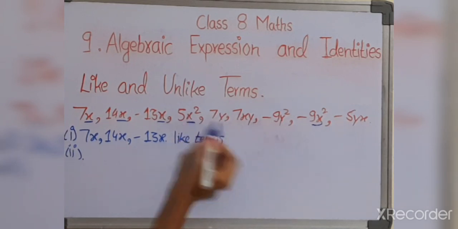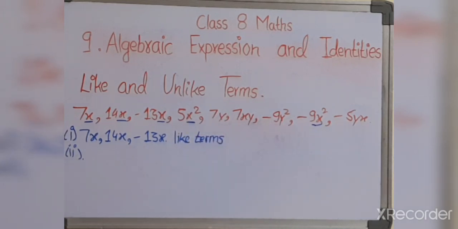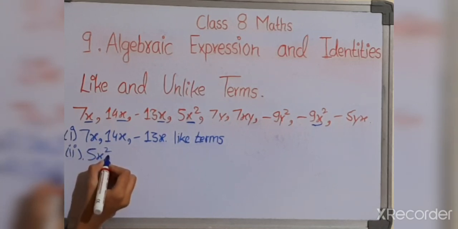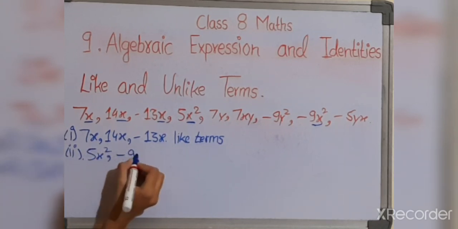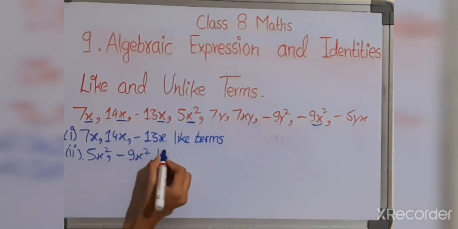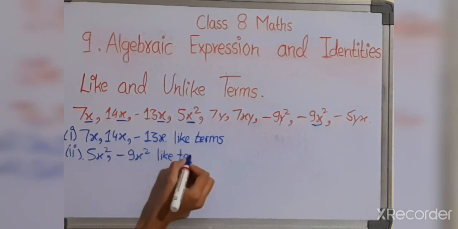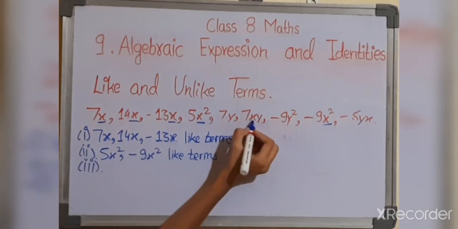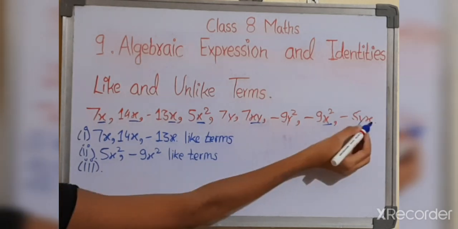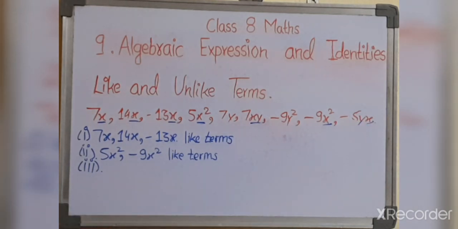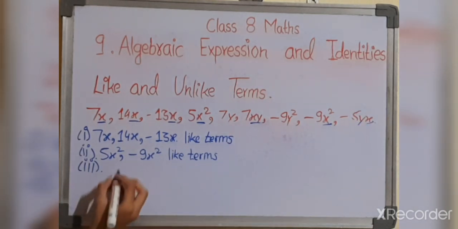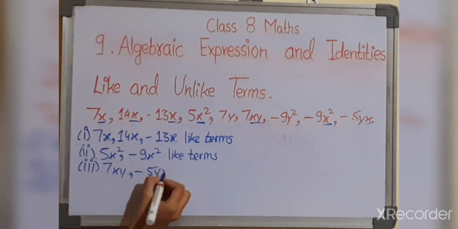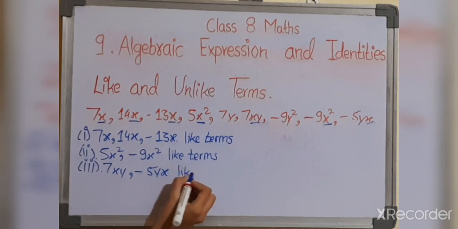We see that the variables are the same. So 5x square and minus 9x square are like terms. Again, we find here that 7xy and minus 5yx are also having the same variables. So 7xy and minus 5yx are also like terms.